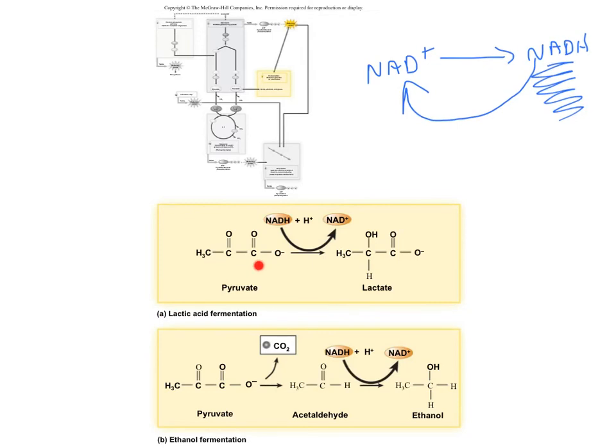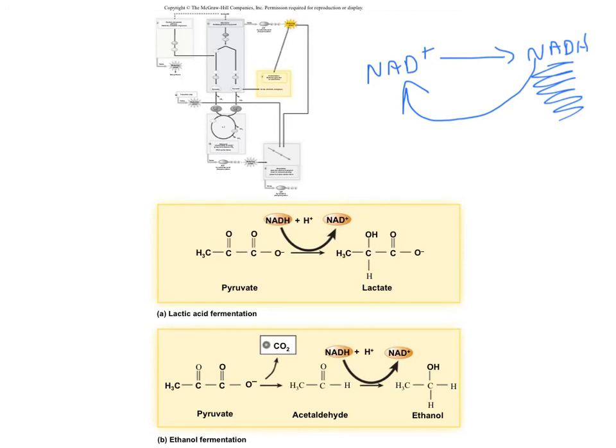If pyruvate accepts the electrons from NADH, notice NADH goes to NAD plus, then the pyruvate will become lactate or lactic acid. That is an oxidation of NADH back to NAD plus, a reduction of pyruvate to lactate. The NAD plus now can go to glycolysis and get converted back into NADH.